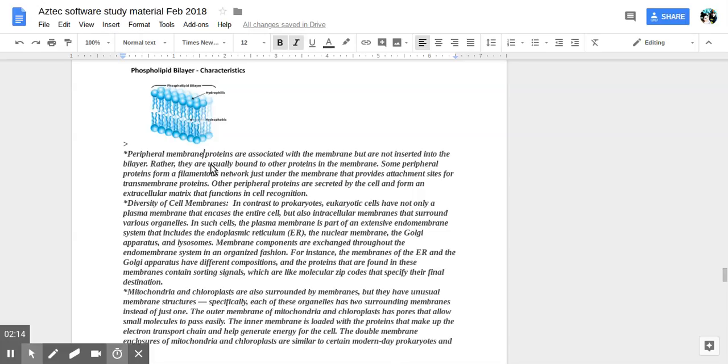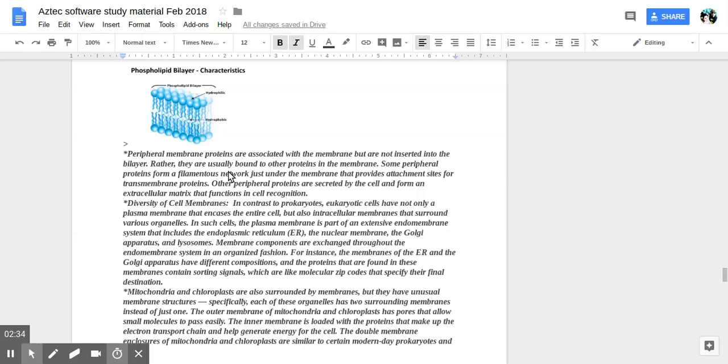Go ahead. Peripheral proteins. Peripheral membrane proteins are associated with the membrane but are not inserted into the bilayer. Rather, they are usually bound to other proteins in the membrane.